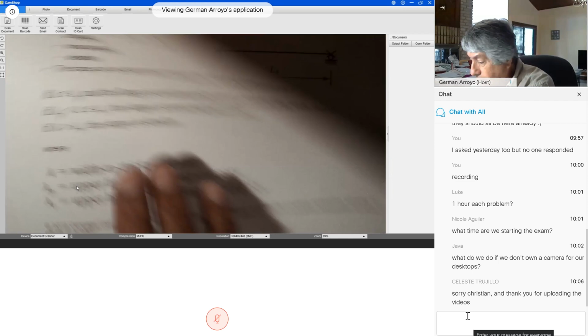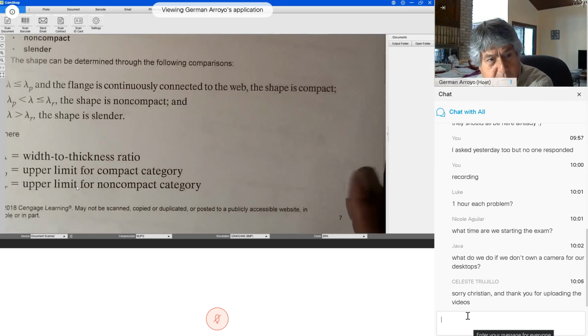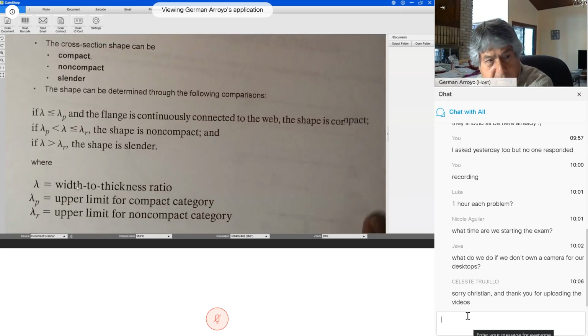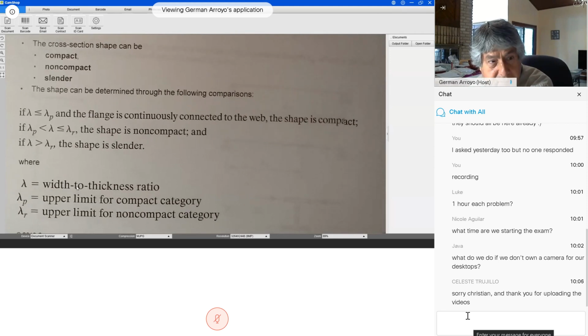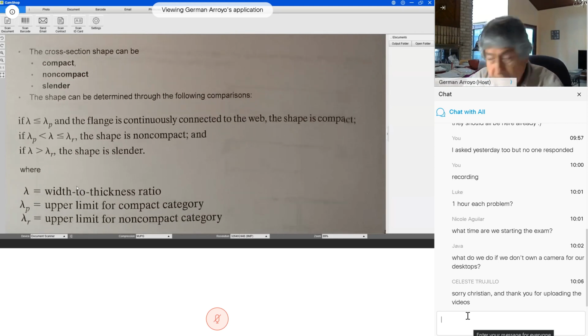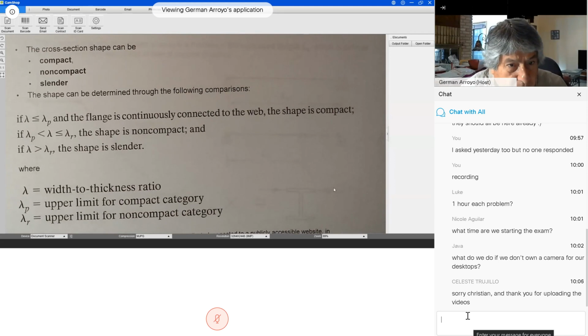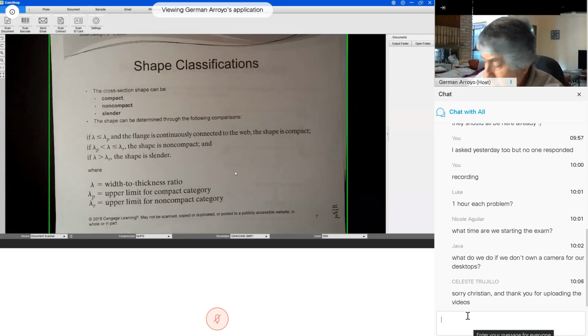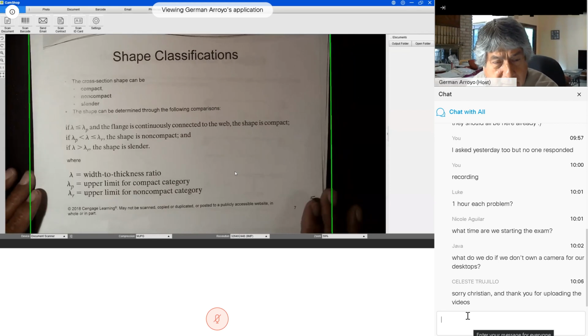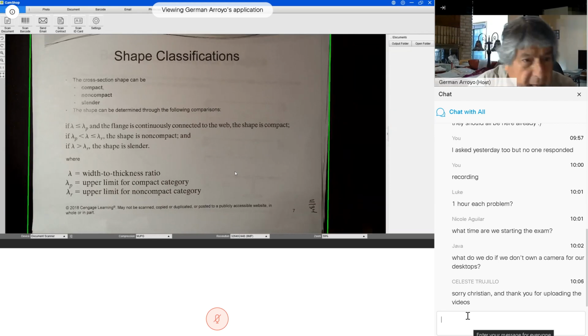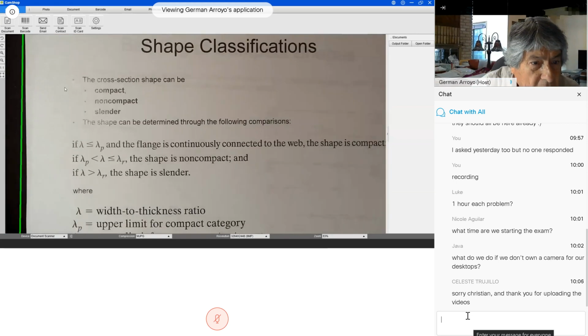Also, like we did before, in chapter B, we have a table. This is the way we classify the different shapes. It's going to be compact, non-compact, and slender. In chapter B, I'm going to show you the table where it gives you the lambda.